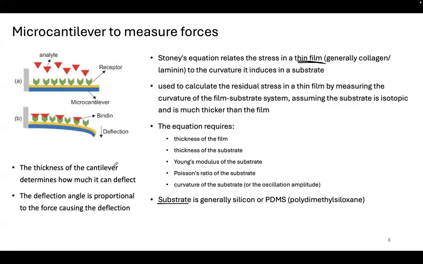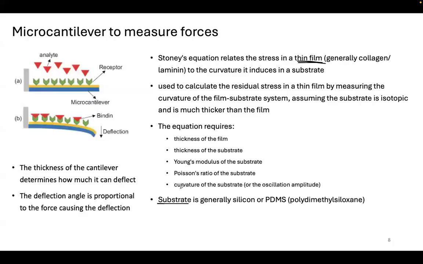And then finally, you have the curvature. How much did it curve? Then you would be able to calculate. Oh, yeah, the curvature of the substrate is how much you are starting off with. If you're already starting with some deflection, then finally it's going to tell you how much force was generated.